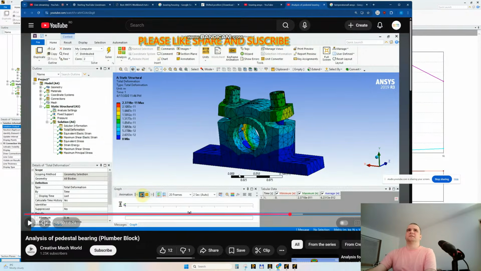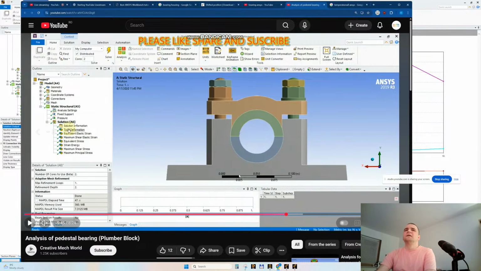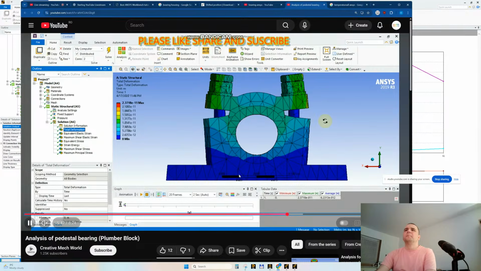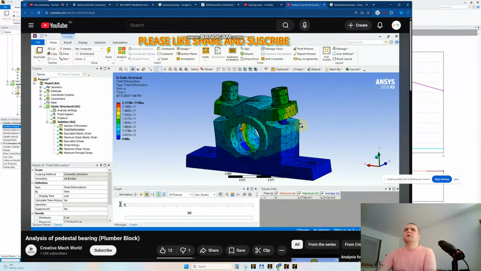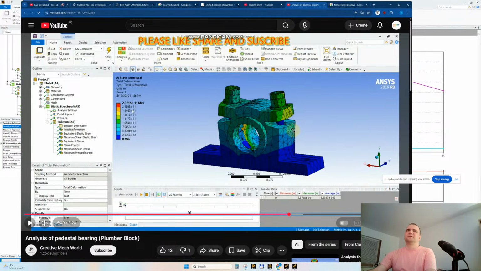He exaggerated the scale. Look at the displacement. It's close to the Planck limit. Oh my God. It's less than nanometer. Pico. 0.2 picometers.